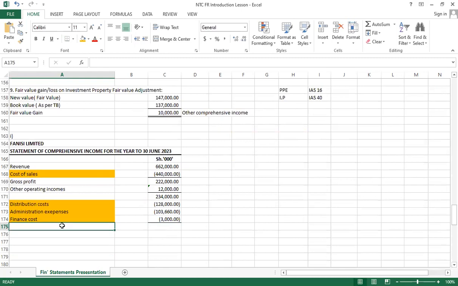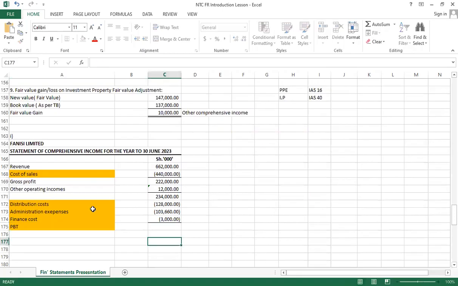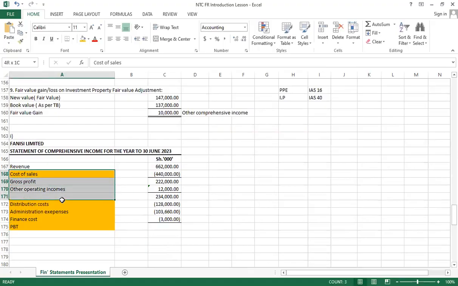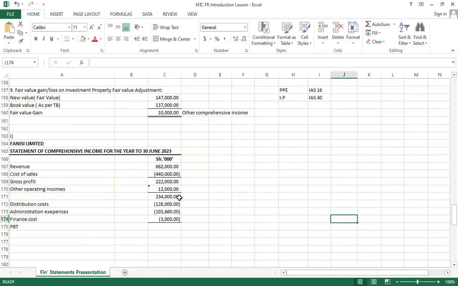And so this one will give us our profit before tax. Let's compute the profit before taxation. The profit before tax is this 234 minus the 3 expenses. Down there we get, it is actually a loss. It is actually a loss of 660.